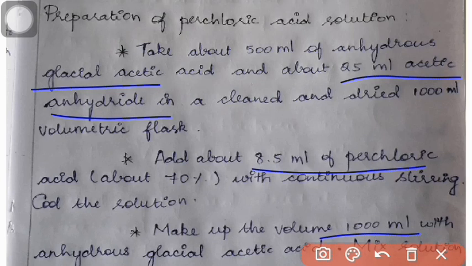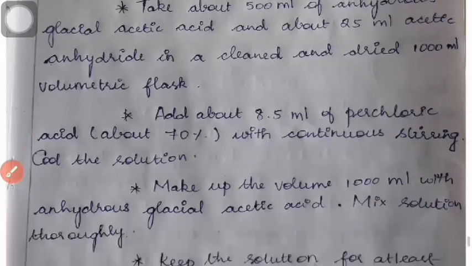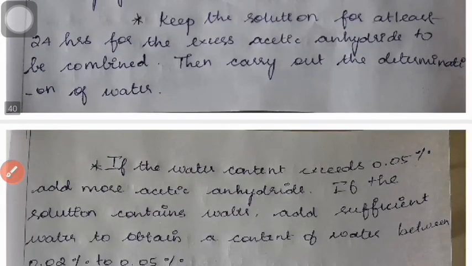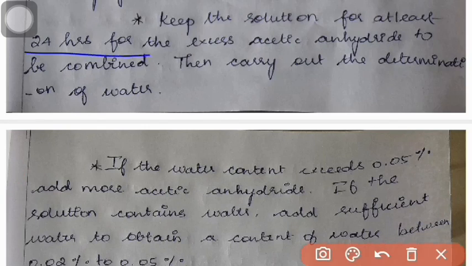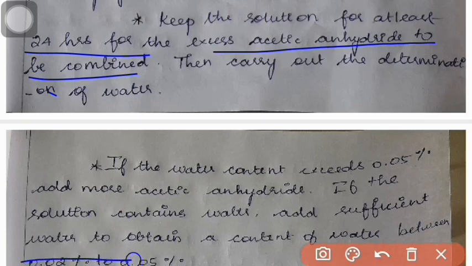So this anhydride is used for removing water present in the glacial acetic acid and perchloric acid. We have to keep it for 24 hours. Excess acetic anhydride combines with water to become acetic acid. So the water content should not be more than 0.02 to 0.05% in the perchloric acid solution.